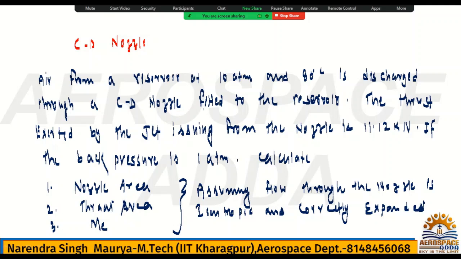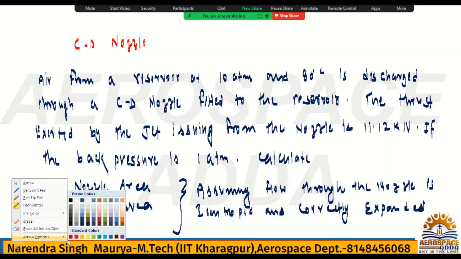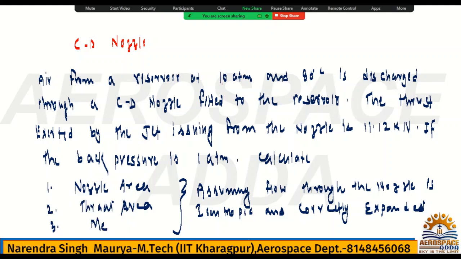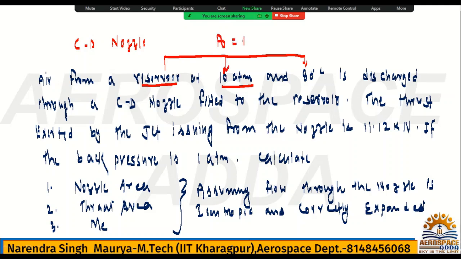Now we'll mark all the important values here. See what they have given to us. Reservoir they have given, so all the values here are total values. This is 10 atm, so it is pressure P naught, which is nothing but 10 atm.